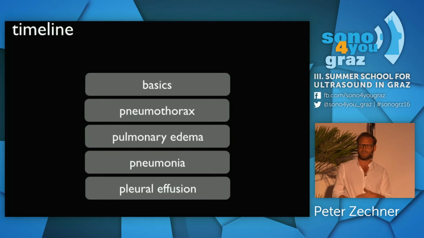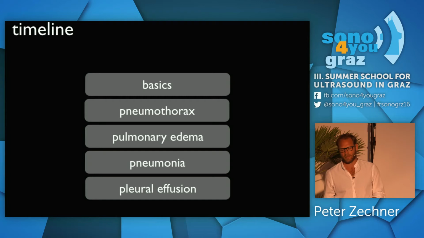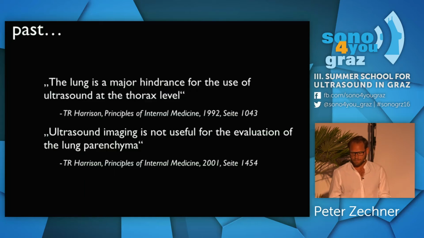First, I'm going to give you some basic knowledge on pulmonary ultrasound, and then I would like to discuss 4 different diseases: first pneumothorax, then pulmonary edema, pneumonia, and last but not least, pleural effusion.